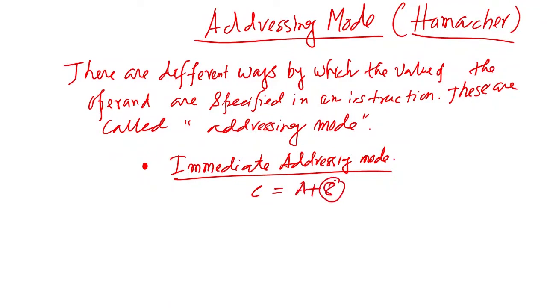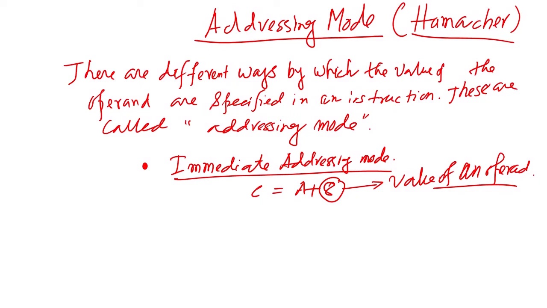That means the value of one operand is directly specified. This is called absolute addressing mode or immediate addressing mode.